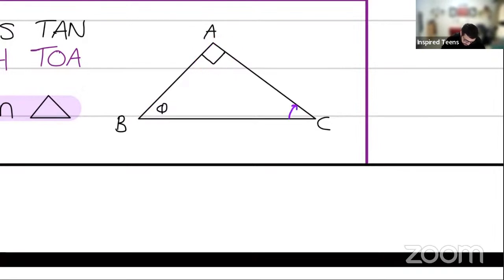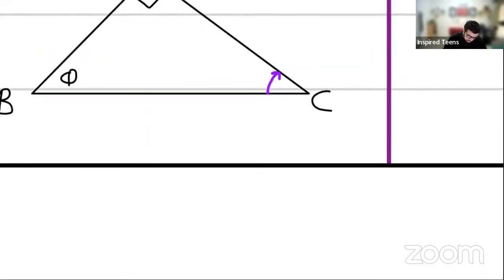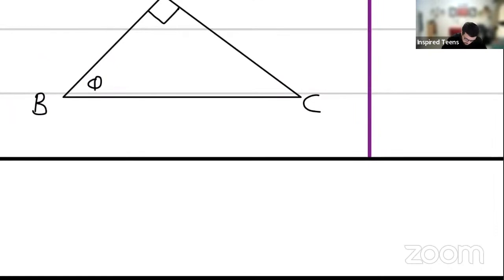Remember, the sum of angles in a triangle: all angles in a triangle add up to 180 degrees. So I could say 180 minus 90 minus theta, and then I get an answer of 90 minus theta.